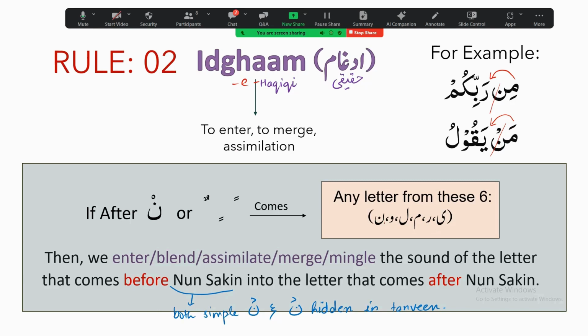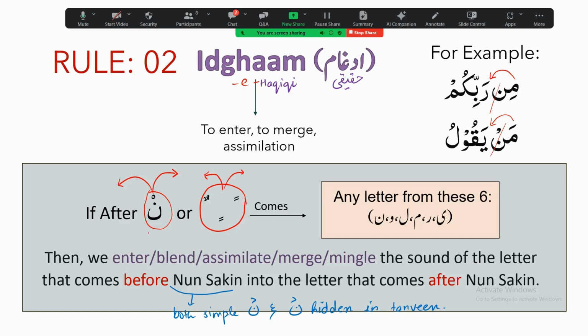So what happens when these six letters come after Noon Sakin or Tanween? Then we enter, blend, assimilate, merge, mingle, whatever you call it, the sound of the Noon Sakin, or the Noon Sakin hidden in the Tanween, into the letter that is after it.